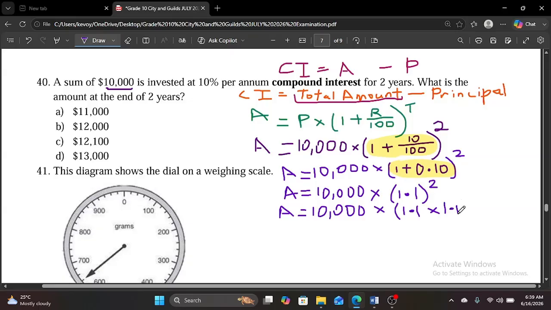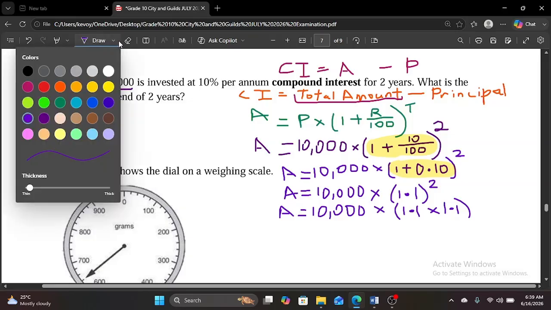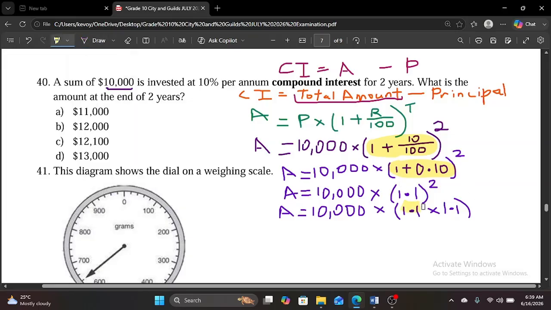So I would have to do this first, meaning I would have to square it. 1.1 squared is going to be 1.21.